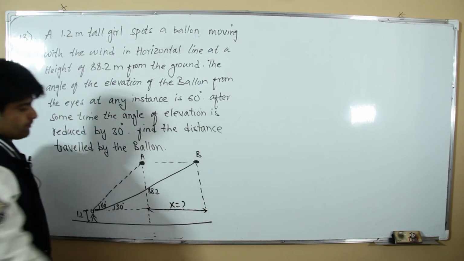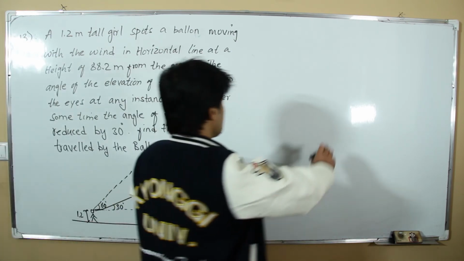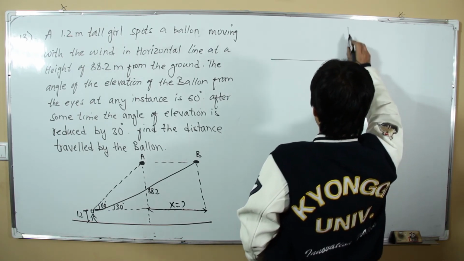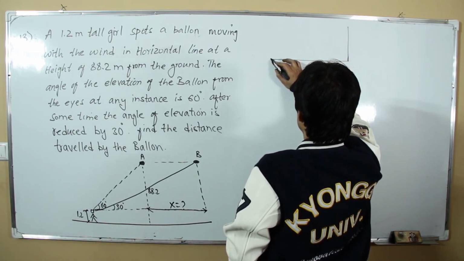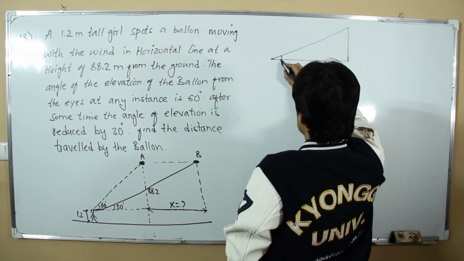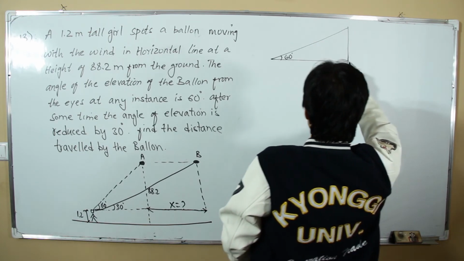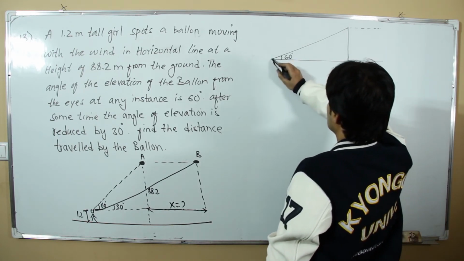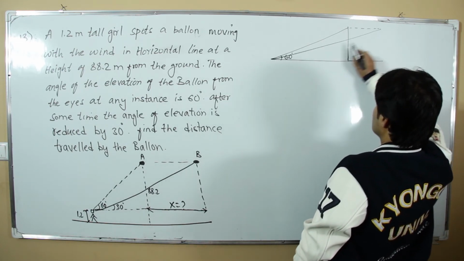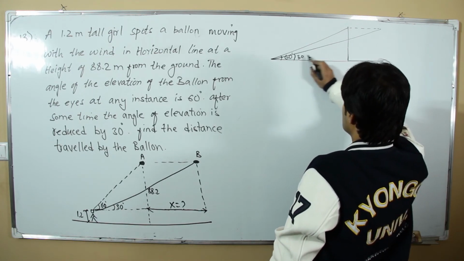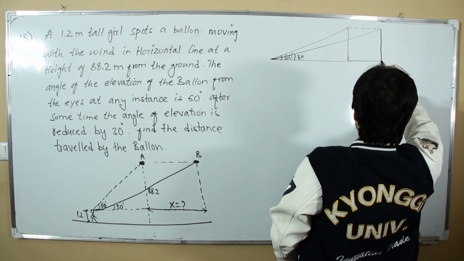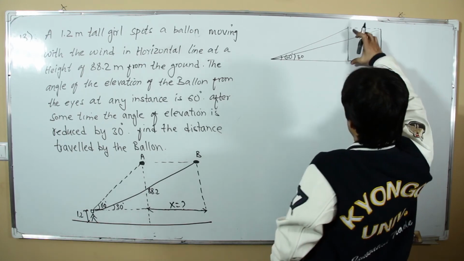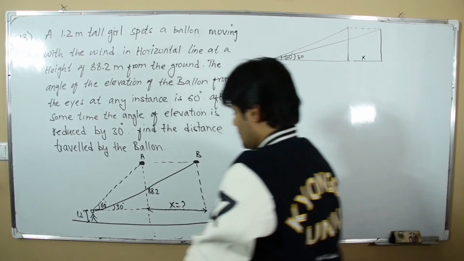One thing you know, that we have a right angle triangle. First one is 60 degrees. Second one with the same height, this is 30 degrees. Now you have to find this x, and you know the opposite. What is the opposite?